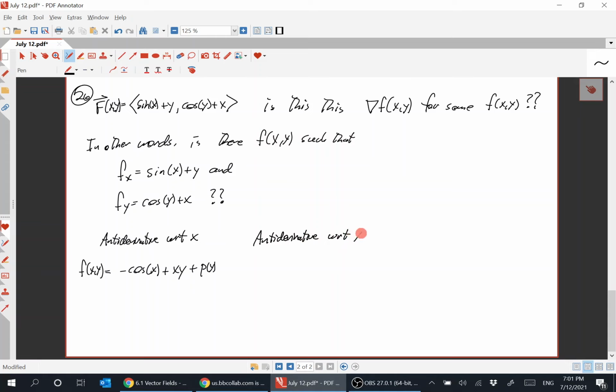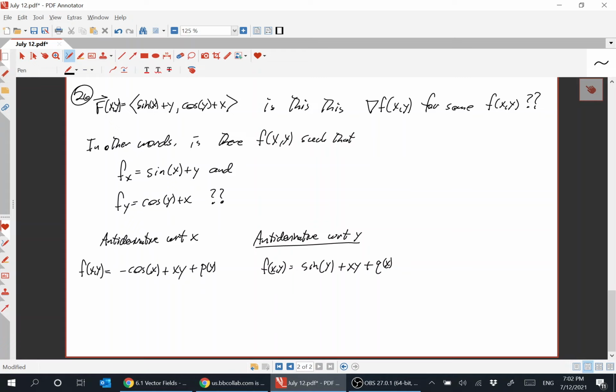The antiderivative with respect to y, well, for this one, is sine y plus xy plus an arbitrary constant. And the arbitrary constant, when you're taking a partial derivative with respect to y, well, it isn't just a number.